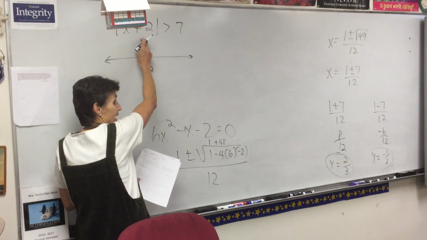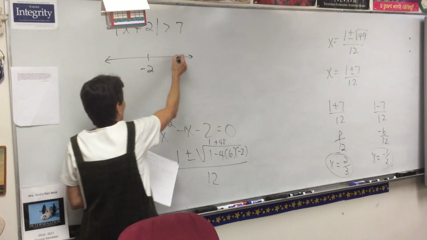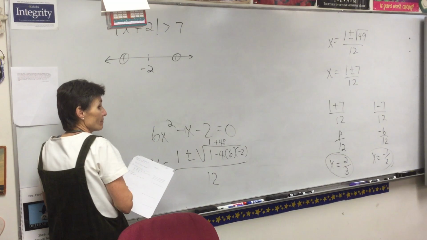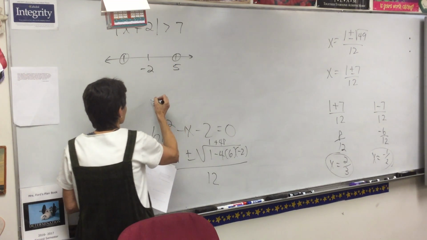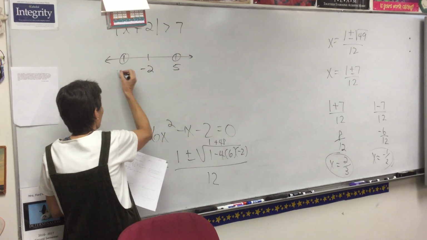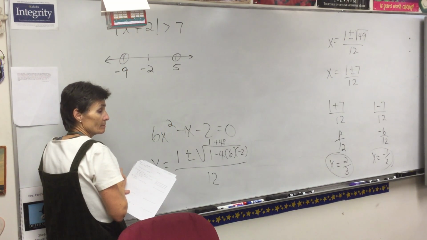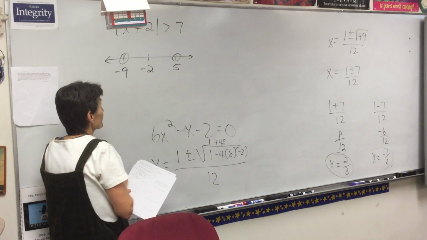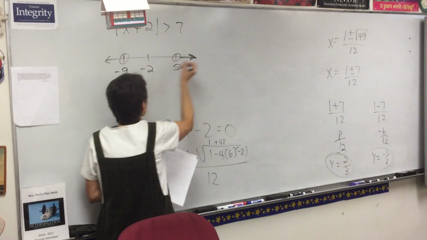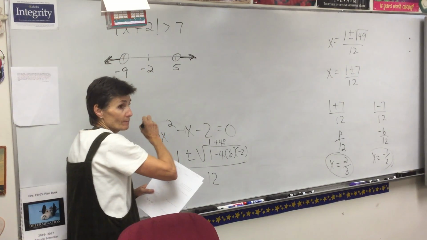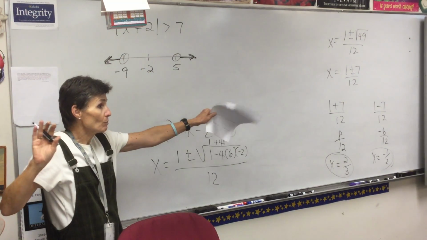It's the opposite of that. And then out here's a dot, and out here's a dot. And I add 7 and subtract 7. And then I will shade out, right? Greater than out.